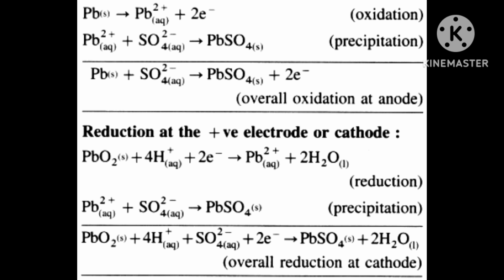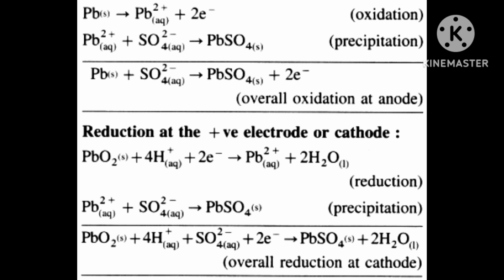At the anode 2OH minus was there, and at the cathode you are getting 2OH minus as product. Hence in the overall reaction, the 2OH minus will be cancelled out, and the 2 electrons produced at the anode and taken by the cathode will also be cancelled out.